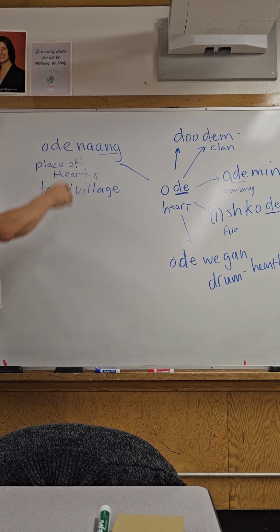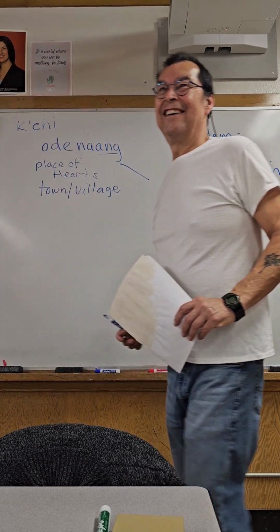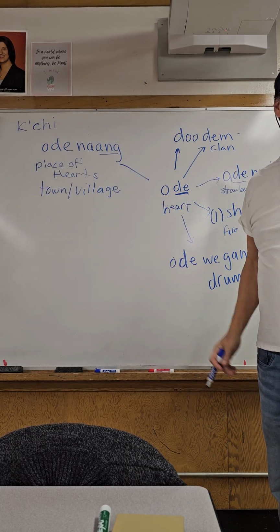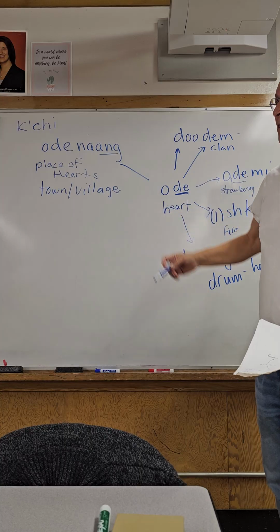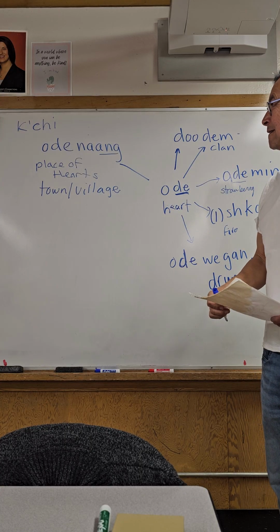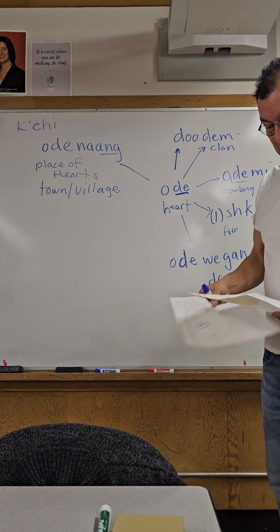Odenon. You can have Kichi Odenon, so it'd be like the big town, the big city. Kichi Odenon is the big town, or the big place of many hearts.